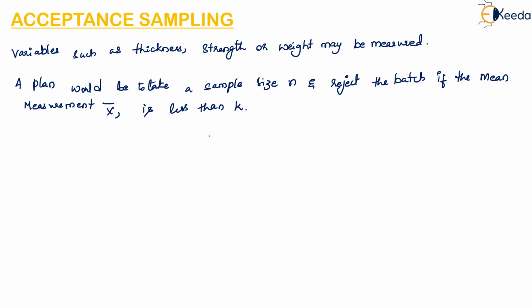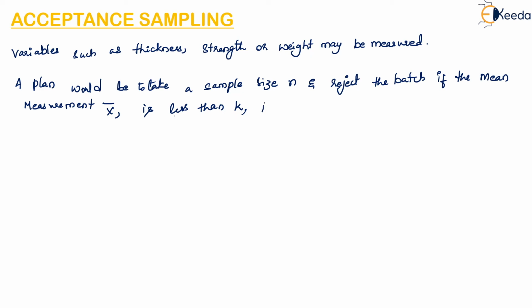If, for example, the variable was percentage of impurity in raw material, where a small value was desirable, the plan would be of the form to take a sample size of n and reject the batch if the mean value, that is x bar, is greater than k. This can be changed from greater or lesser than k based on the type of variable which we are measuring.